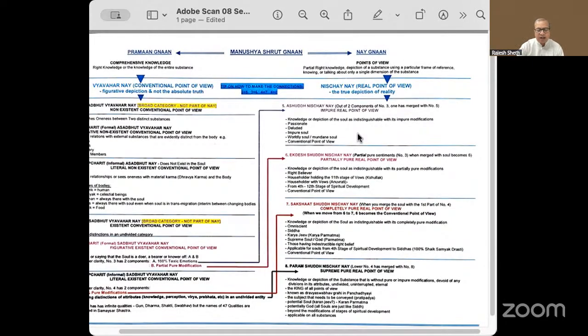Okay. At the 12th stage, although your conduct has completely become pure, in terms of knowledge, the omniscience will happen only in the 13th. So your knowledge is still incomplete. Okay. So that's why from the first spiritual stage of existence to the 12th stage of spiritual existence, this point of view applies to all.